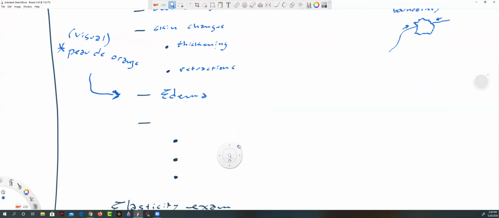Edema, what's next on my list? Vascularity. Okay, what do we worry about with vascularity? Absent? That generally is good. Cancer doesn't grow without neovascularity, so that's a good thing.